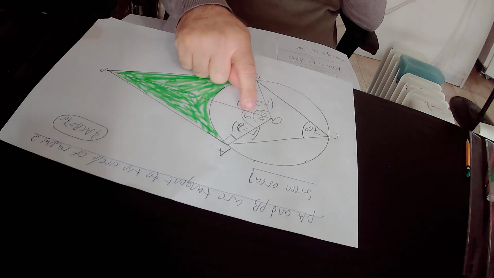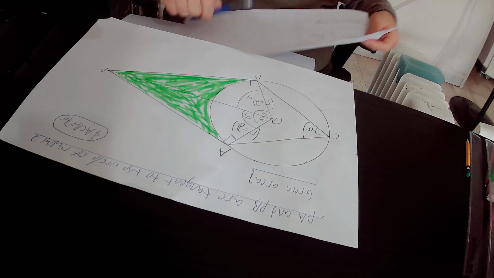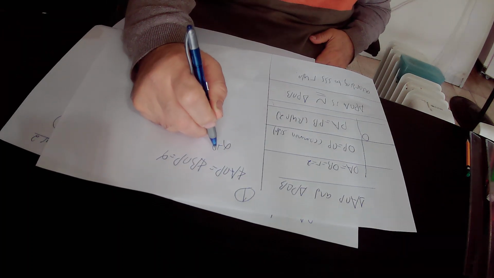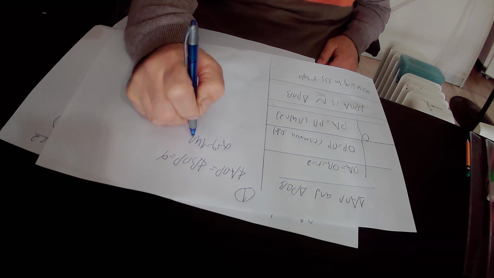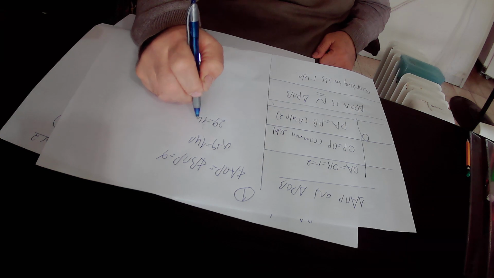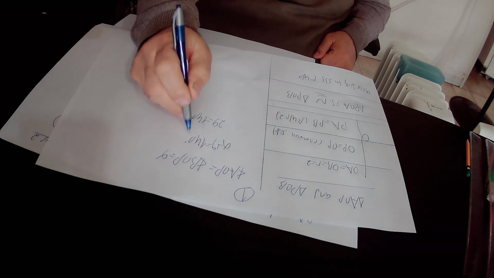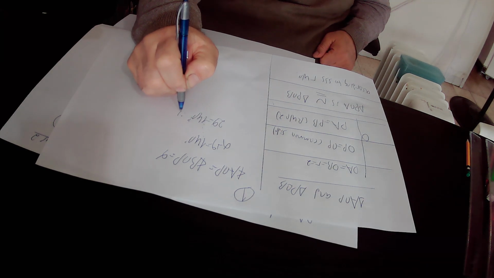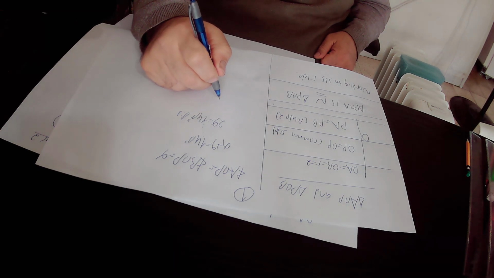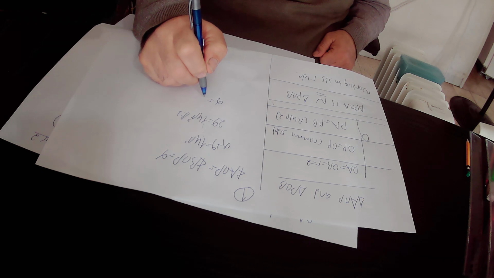Okay, alpha plus alpha equals 140 degrees. So I write it down. 2 alpha equals 140 degrees. We divide this equation by 2. And finally we get that the missing angle alpha equals 140 degrees over 2, that is 70 degrees.